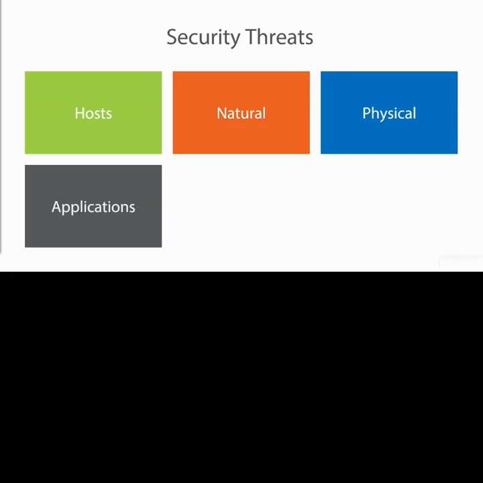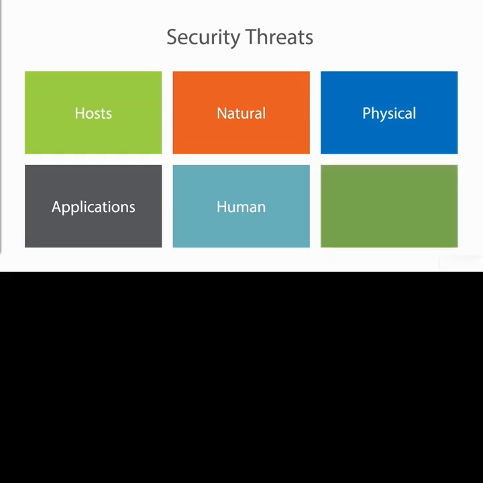To me, this is one of the big issues that we have. Applications, either they're in-house applications or pre-purchased applications. And then we'll take a look at the threats that humans create for us, or as I like to call it, stupid is as stupid does. And then, of course, we'll take a look at network threats. So let's focus in on the first one.